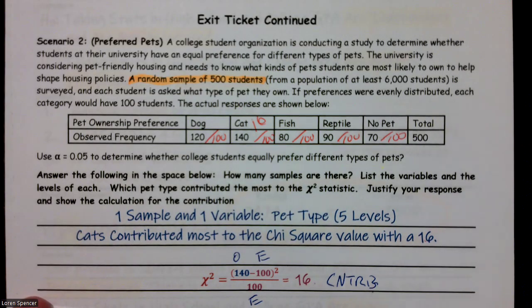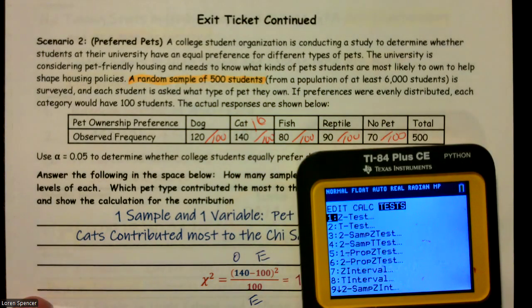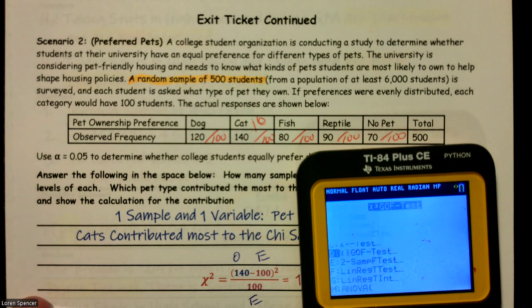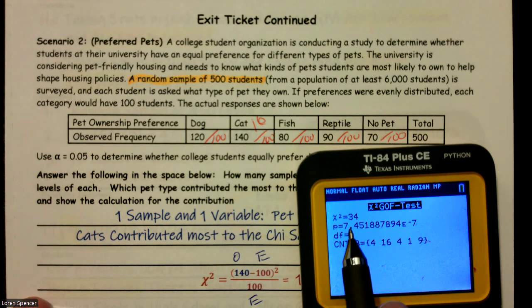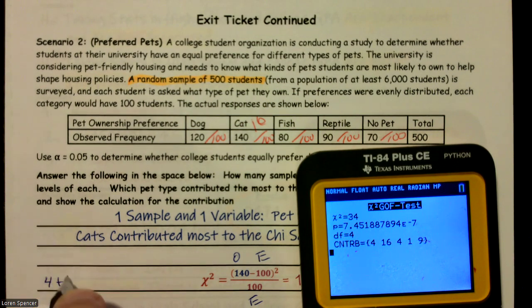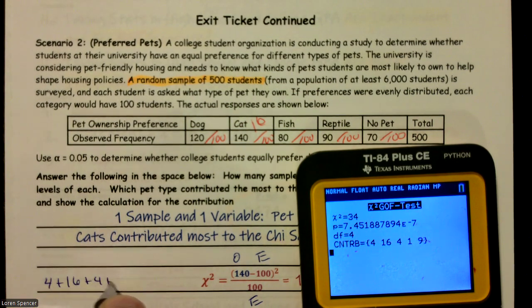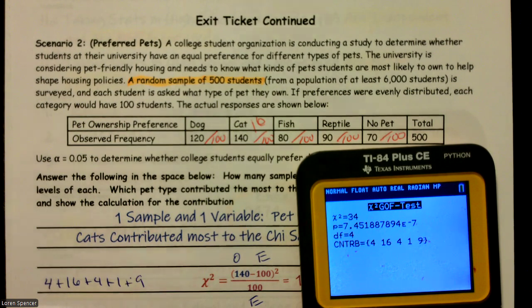The other thing I want to point to while I'm here, since this is an easy one: stat test, chi-squared goodness of fit. When we run this, we actually get a chi-squared value of 34. Well, let's add up 4 plus 16 plus 4 plus 1 plus 9.